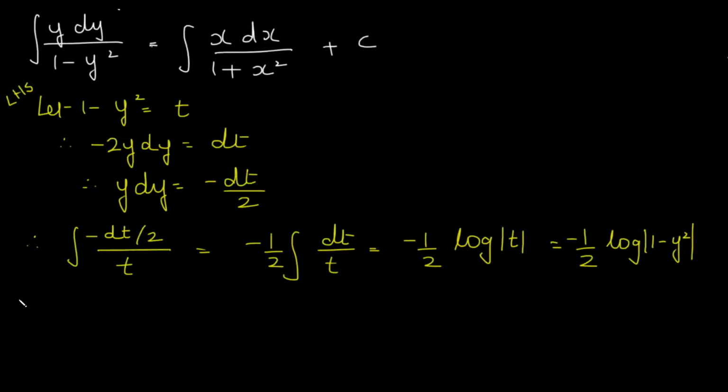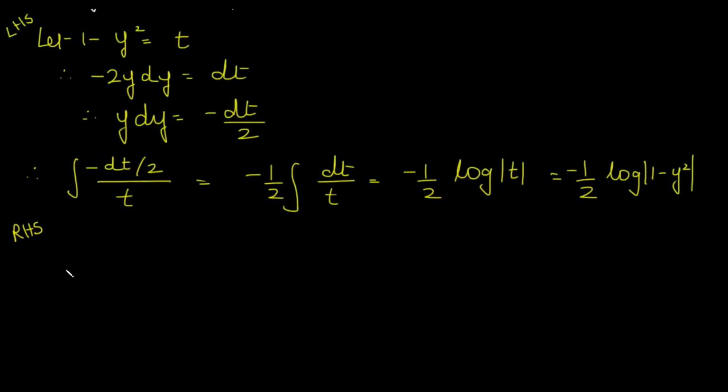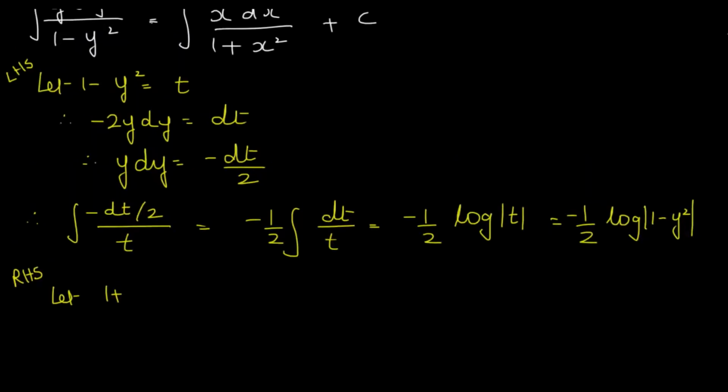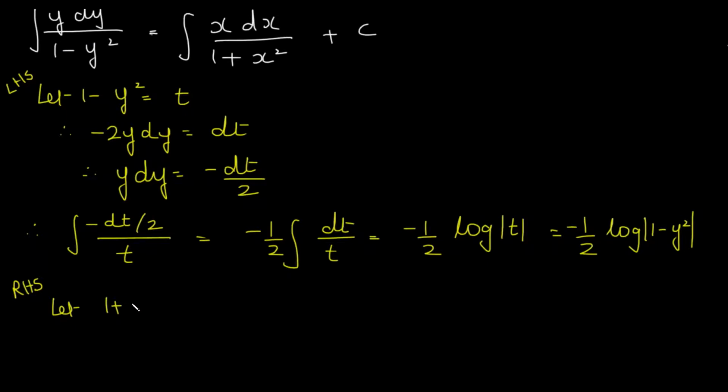Now what about the RHS? RHS also we can take the same way and solve it by the method of substitution. Now the denominator in the case of the RHS is 1 + x². So let 1 + x² be equal to any other term, say p, and therefore we have 2x dx because we are differentiating with respect to x.